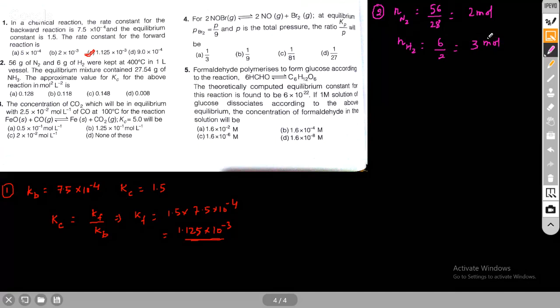And the moles of NH3 we get here is 27.54 divided by 17. Once you divide this, the moles of NH3 that we get here is 1.62 approximately.